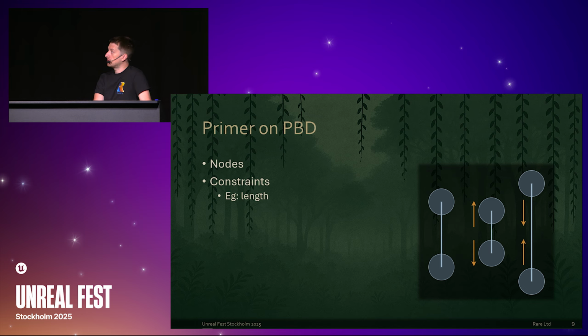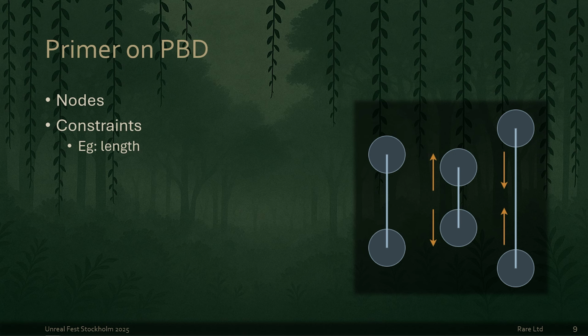For example, here we have a length constraint. It defines the desired length between two nodes connected to each other, and the constraint will move the nodes either away or towards each other to satisfy the original length.